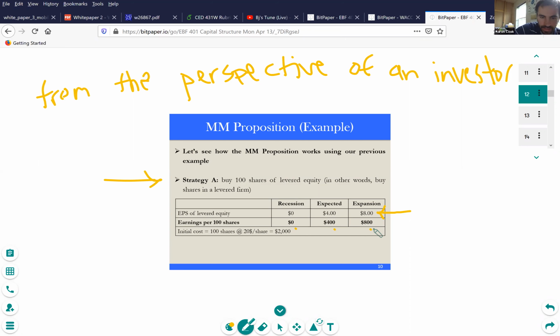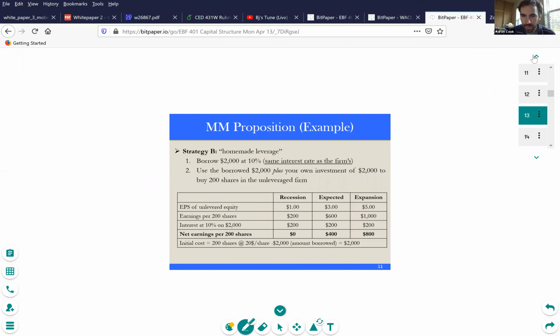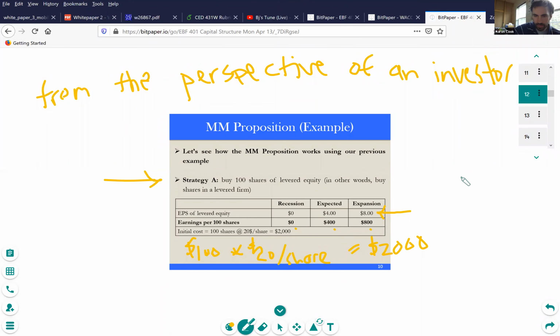And then his cost is 100 times $20 per share. And so that's going to cost him $2,000 to make this investment. So that's $400 of return at a $2,000 investment.